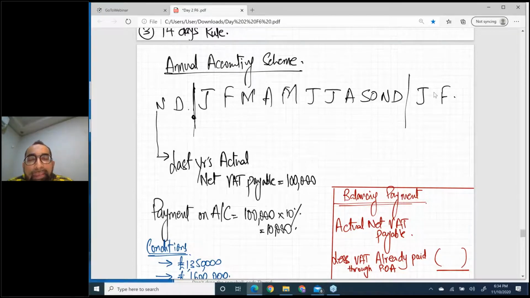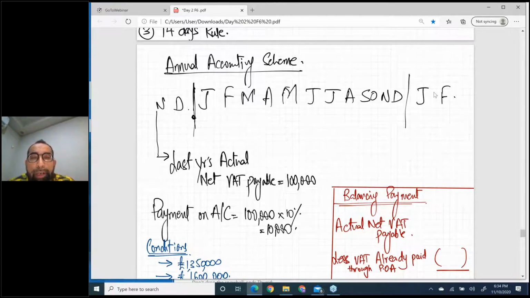Annual accounting scheme means you have to file only one tax return every year. So the first advantage of this scheme, you don't have to file four tax returns, only one tax return to be filed. That means your administrative burden will be reduced. Now the next thing, please look at me. These are very key areas.